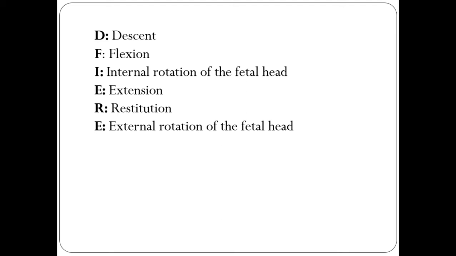The increased flexion is due to the lever action over the atlanto-occipital joint of the fetal head, and the internal rotation is due to the difference between the anterior-posterior diameter of the pelvis and the transverse diameters of the pelvis. After that, now the head is inside the pelvis.